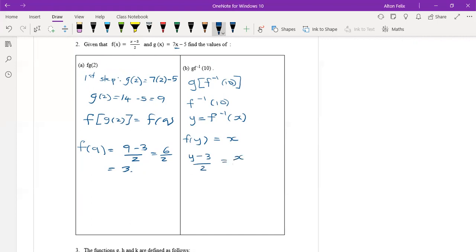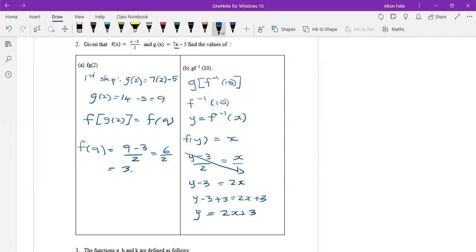So let's cross multiply, put 1 here. This will give us y minus 3 by 1, which will be y minus 3, equals 2 by x, which is 2x. All right, so this becomes y minus 3 plus 3 equals 2x plus 3. So y would be 2x plus 3.